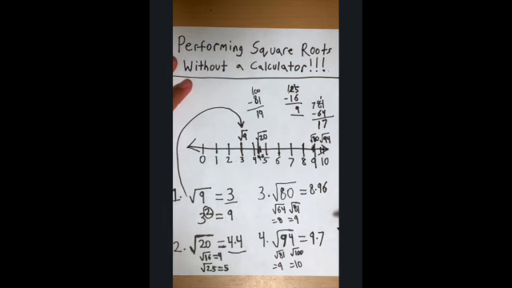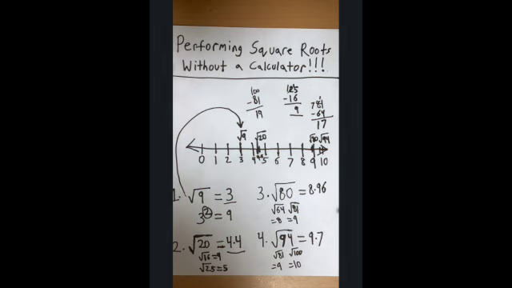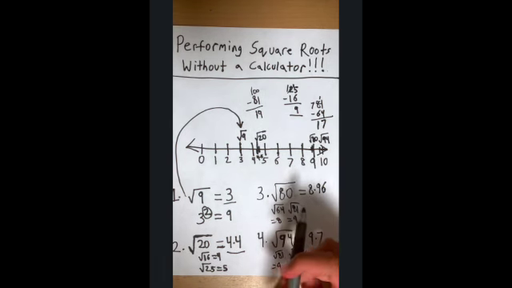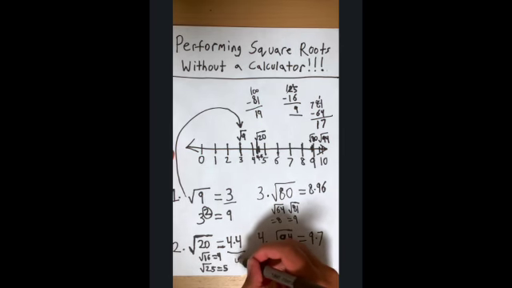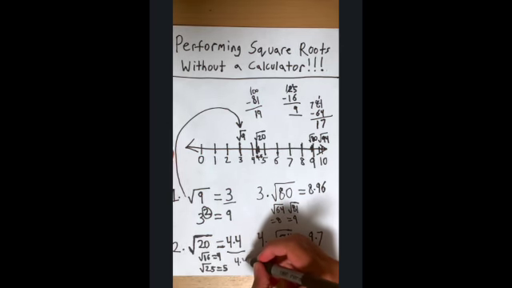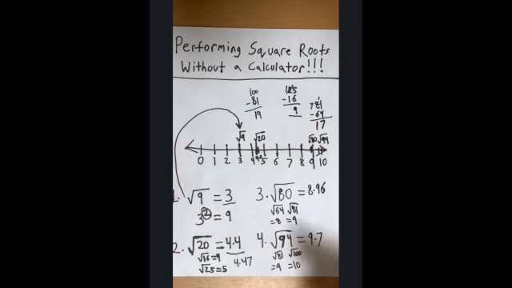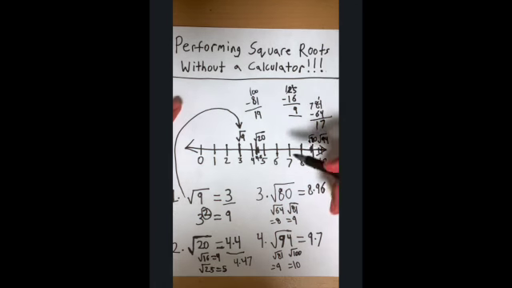And so I'll check the calculator and see if I actually got these three correct. Okay, the square root of 20 is 4.47. Rounding it up would be 4.5, but I was right that it was around 4.4.